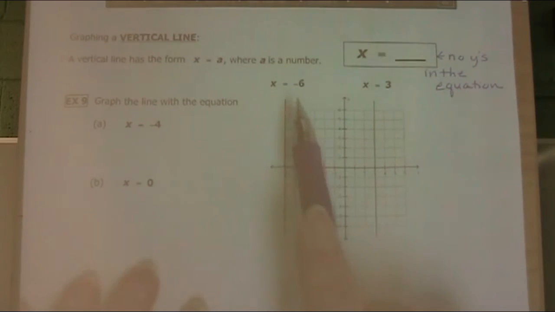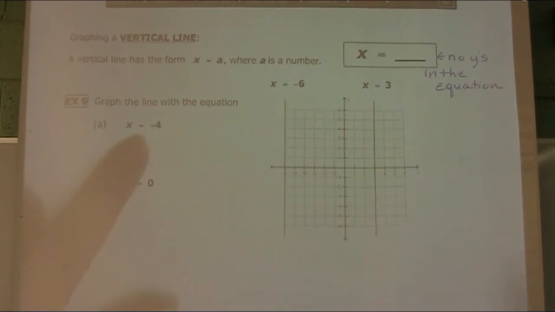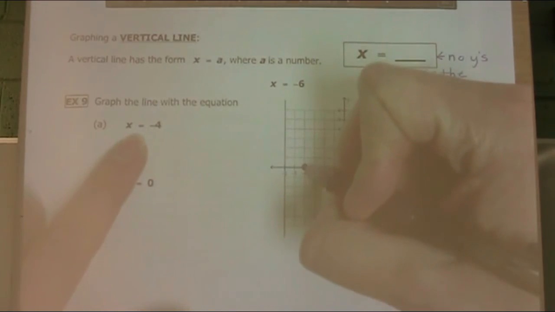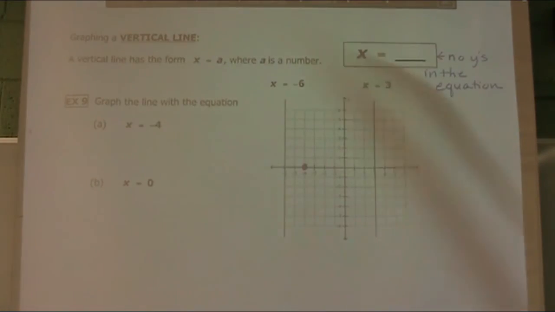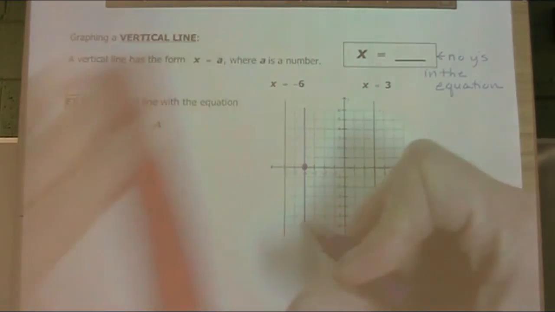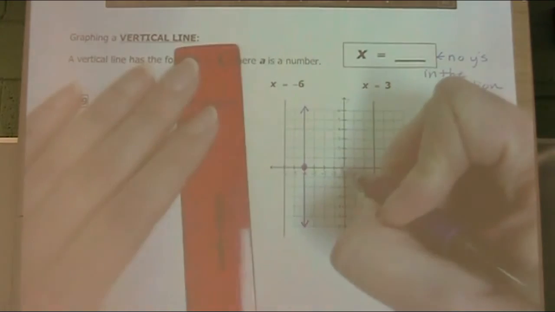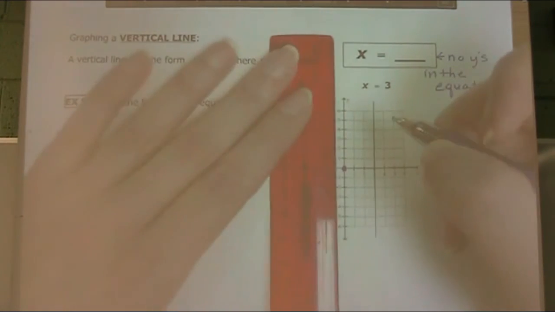So here I have x equals -6. It goes through -6 on the x-axis. X equals 3 goes through 3 on the x-axis. X equals -4 goes through -4 on the x-axis. And x equals 0 goes through 0 on the x-axis.